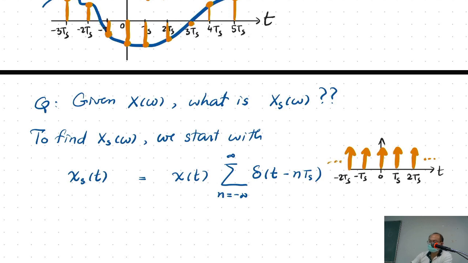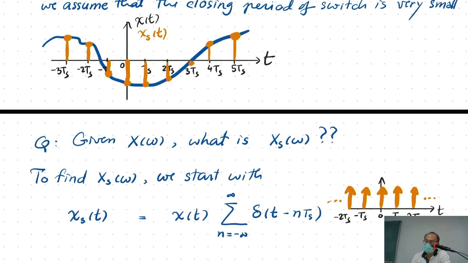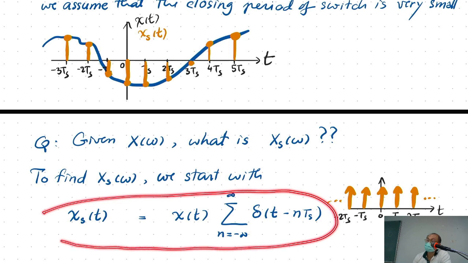So it is reasonable to say that if we multiply the blue graph of x with this impulse train, then we get the sampled signal xs. So that means that we have this equation.